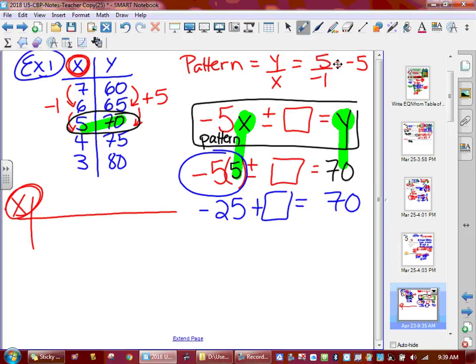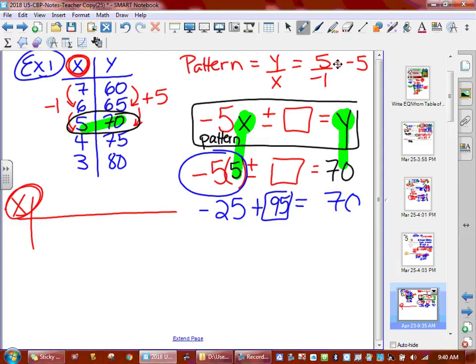I'll show you a trick. If you're not sure what number to put there, you always take the guy on the right-hand side and subtract that guy. Now, how do you subtract a negative? I want to subtract a negative 25. What happens with these two? They switch to adding. So what's 70 and 25? 95. So I want everybody on their calculator to try this right now.